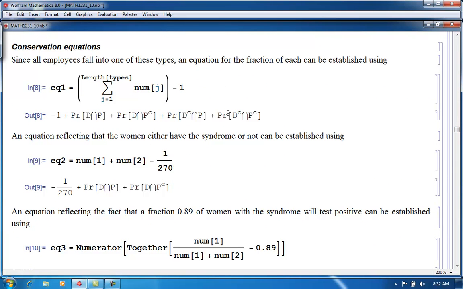The fraction of people who test negative and don't have the syndrome is this divided by this plus this. No, this plus this.